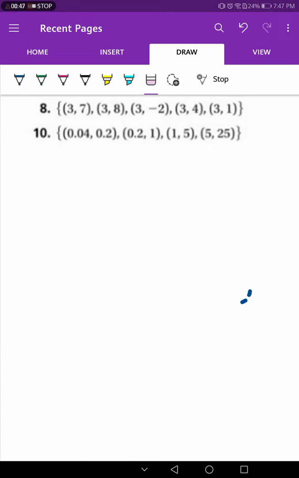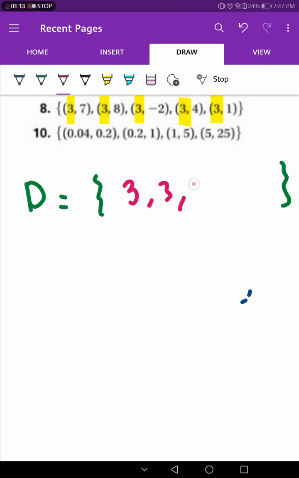Question number 8. Who can tell me what is the range here? The x-axis, or the x coordinate, is the domain. So this is the domain. You write the domain equal to braces, and you write 3 how many times?